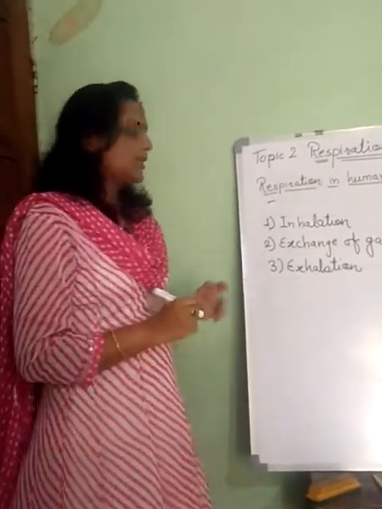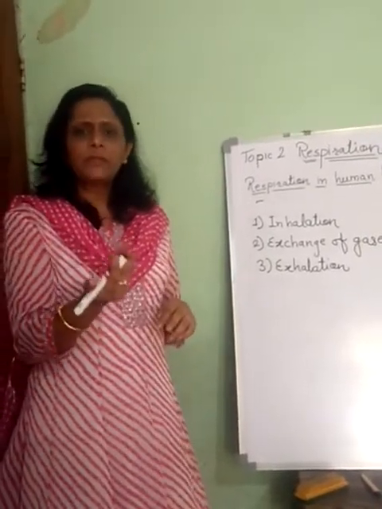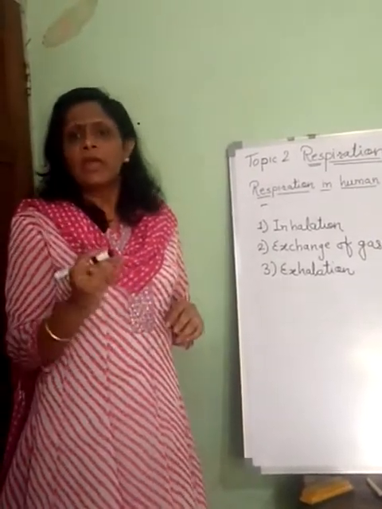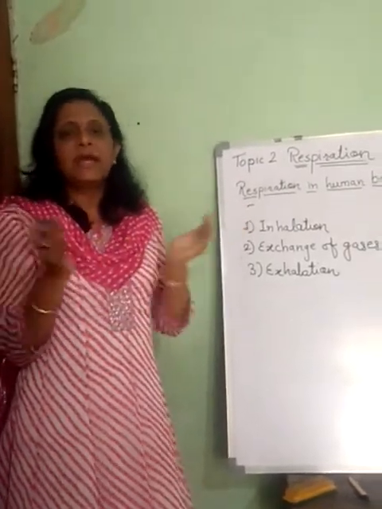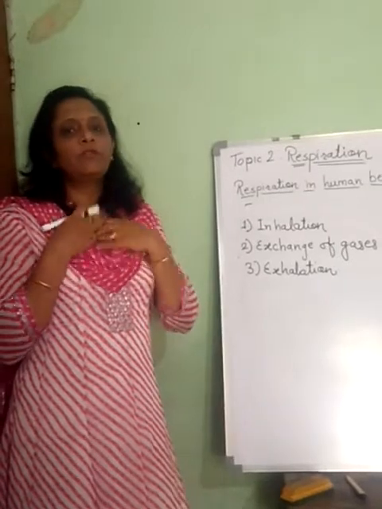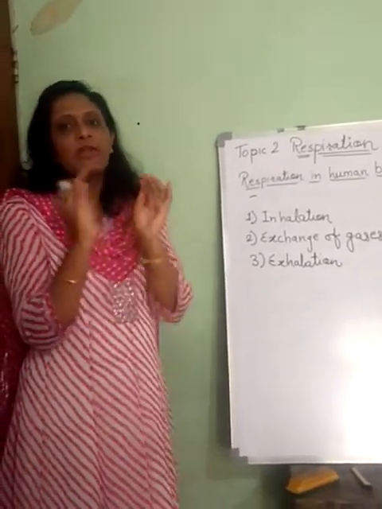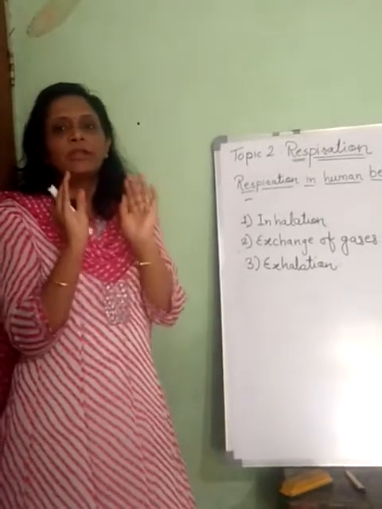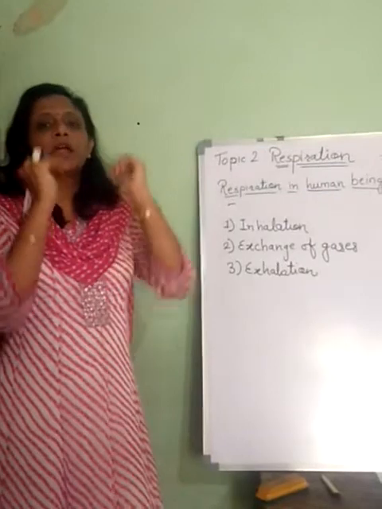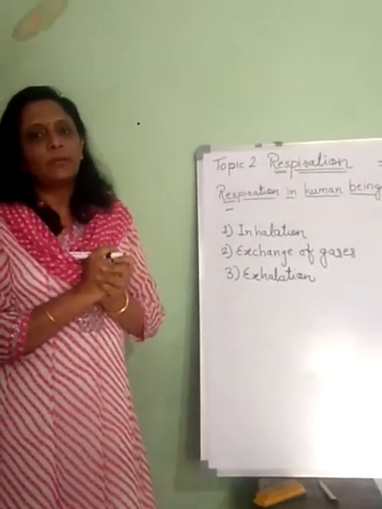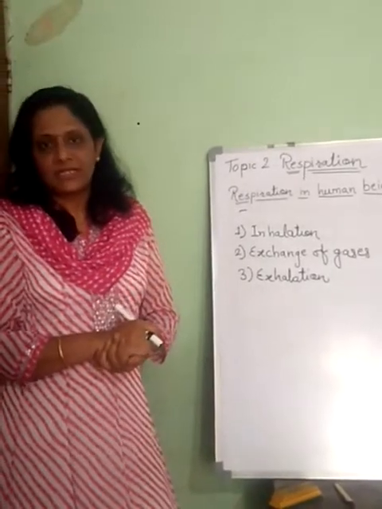And the third step is exhalation. That means when the air is given out, what happens? The diaphragm relaxes. As the diaphragm relaxes, the ribs of the chest also relax and come nearer to each other. As they come nearer, there is a little pressure on the lungs which pushes the carbon dioxide outside the body through the nostrils, and this is how the exhalation process takes place.